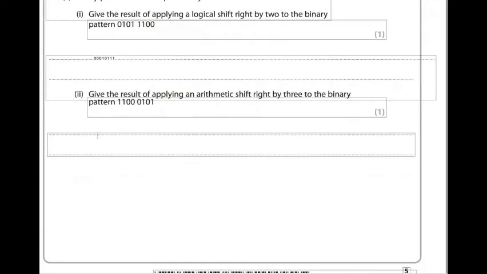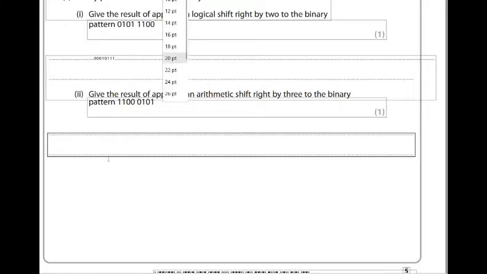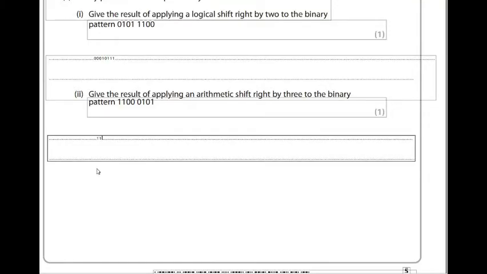So the answer is going to be, we want to shift right, so it's going to be 1, 1, 1, and then a 1, and then we want 1, 0, 0, 0.